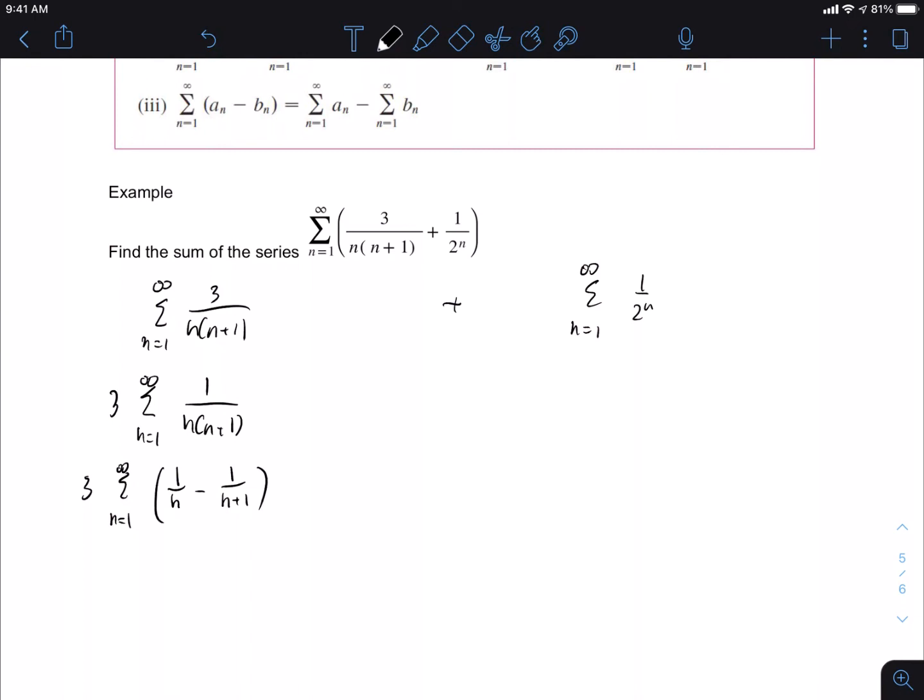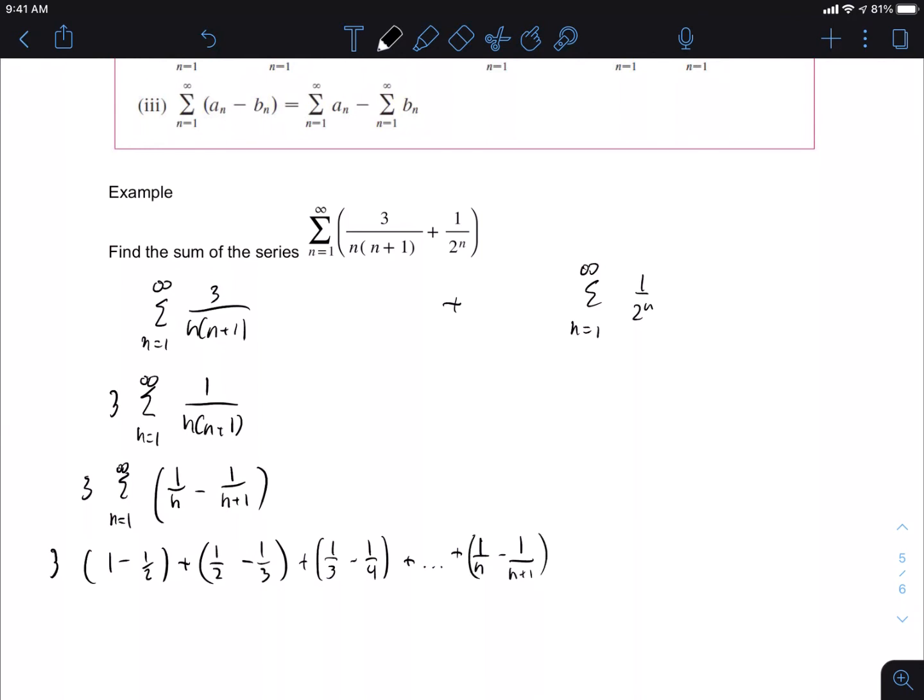That's partial fraction decomposition. It broke that up. And then I'm going to apply the sum so you guys can see it. So I'm going to get 3 times 1 minus 1/2 plus 1/2 minus 1/3 plus 1/3 minus 1/4 plus dot dot dot 1 over n minus 1 over n plus 1.